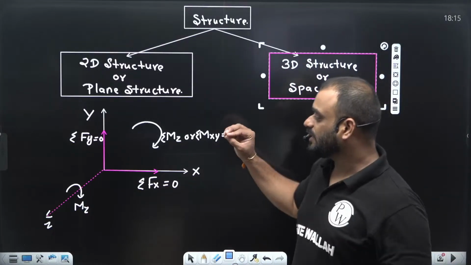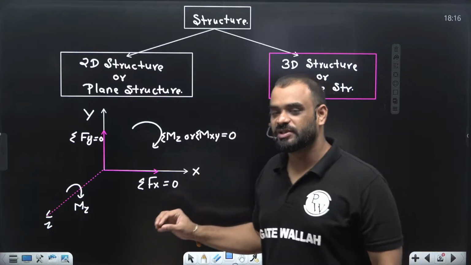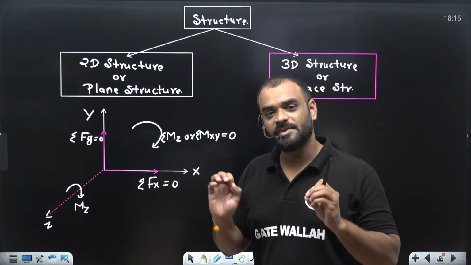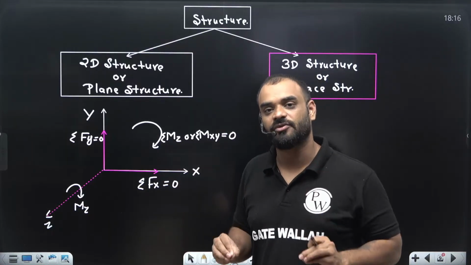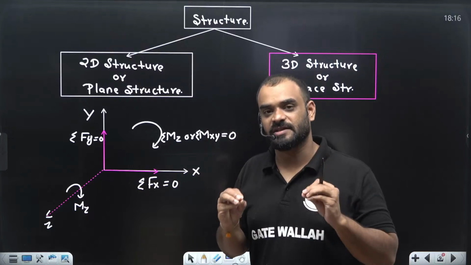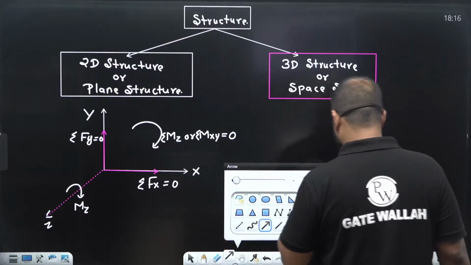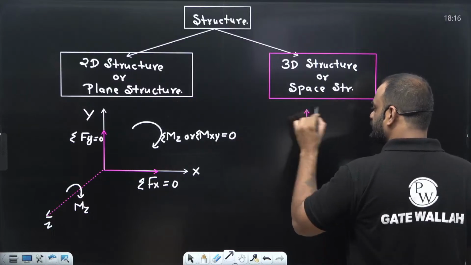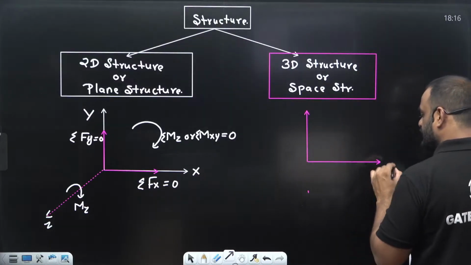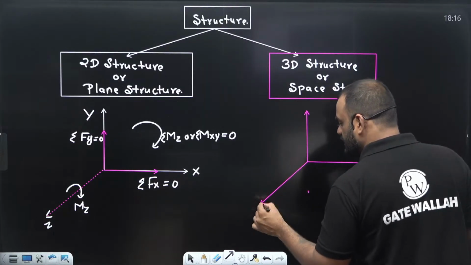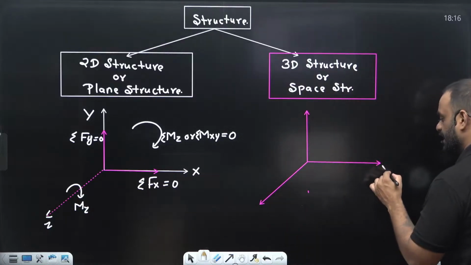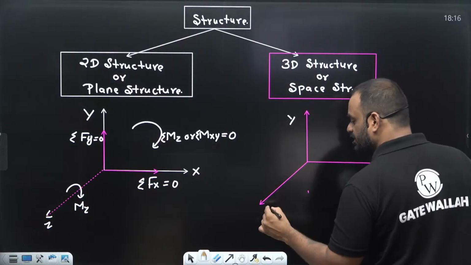For all the reactions, whether linear forces or angular forces, the summation of linear force and the summation of angular force along each and every axis should be equal to 0. So we'll write it down simply. You can see here, this is our y-axis, this one is the x-axis, and this one is our z-axis. This is x, this is y, this is z.